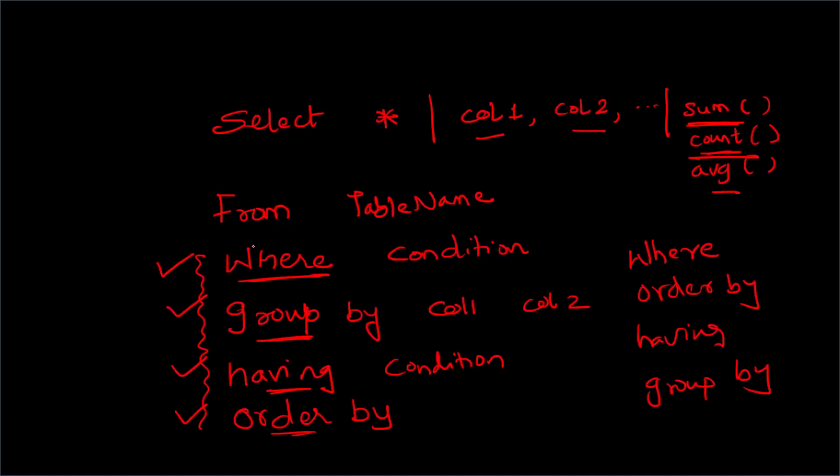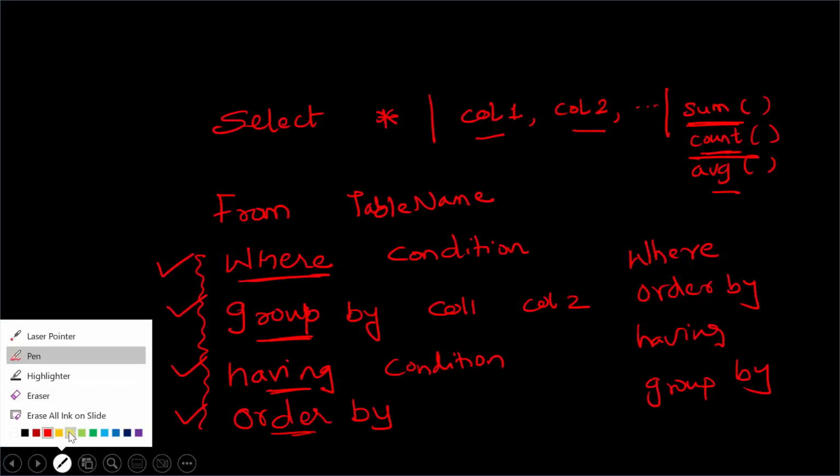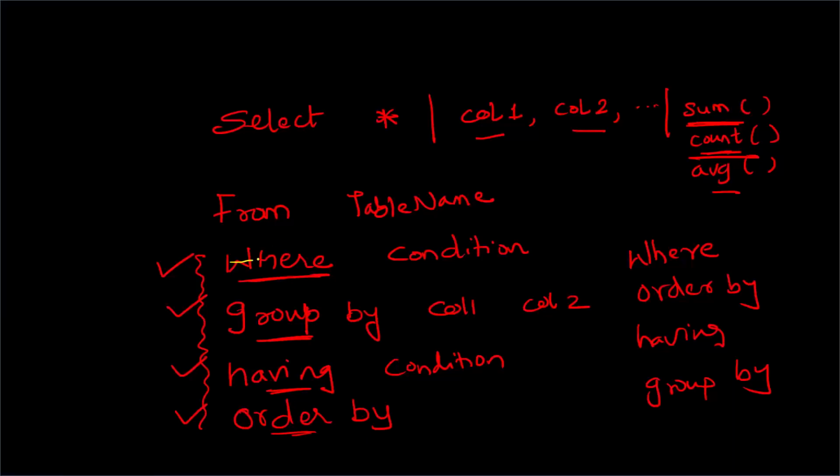It is possible that in a given query you don't have the where condition. You don't want to apply a where condition. It's okay. In a given query you probably don't have a group by. Even that is okay. If you don't have group by, then having condition also would not come.